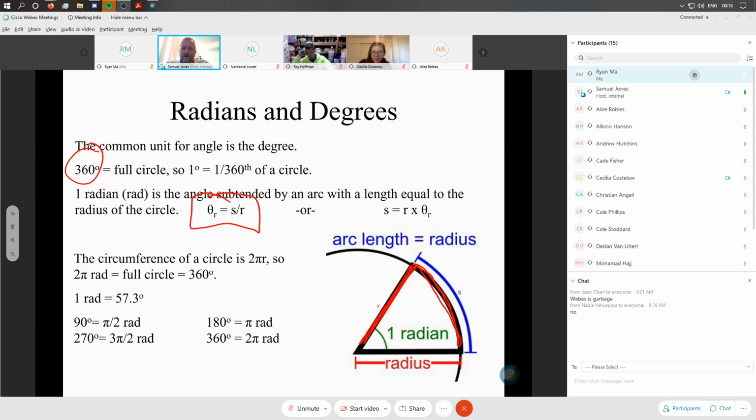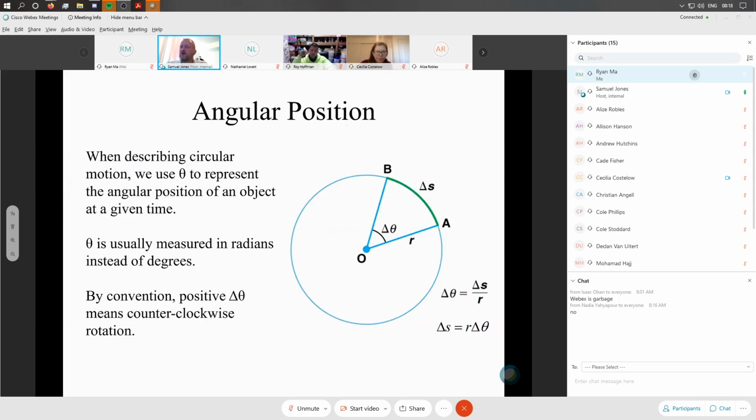Okay. So angular position, when we talk about the position of a rotating object, we usually use angle. The convention is that we start our angles from the positive x-axis, and counterclockwise rotation is considered positive. So if I'm rotating in the counterclockwise direction, my change in angle, delta theta, would be positive.